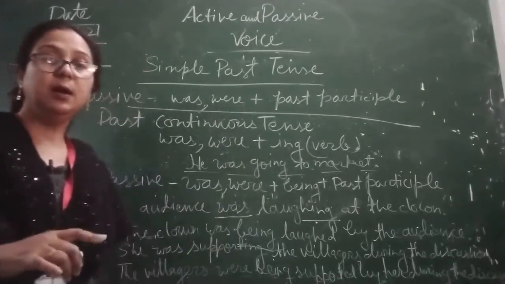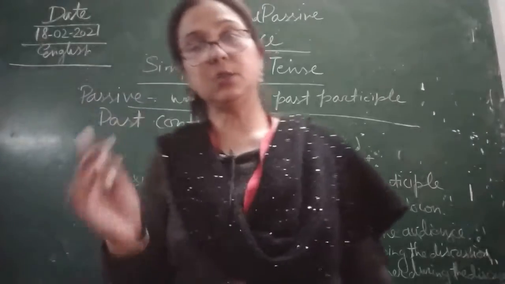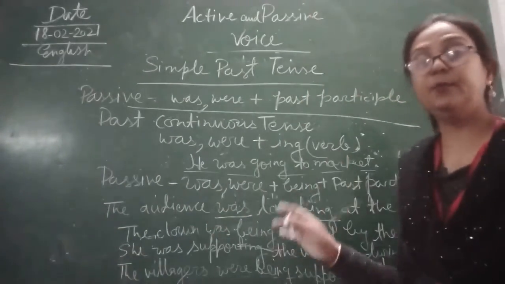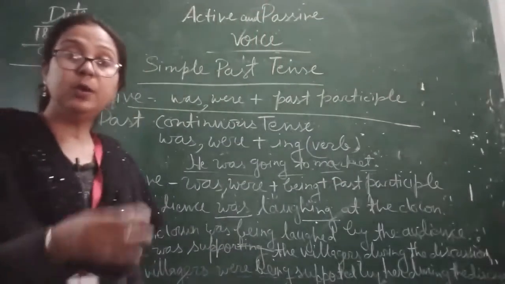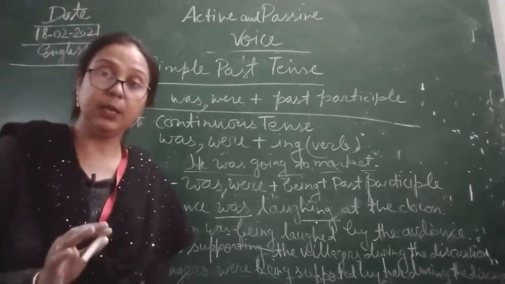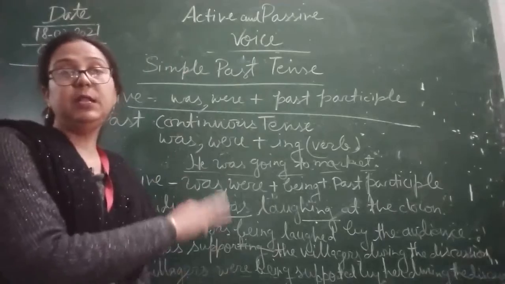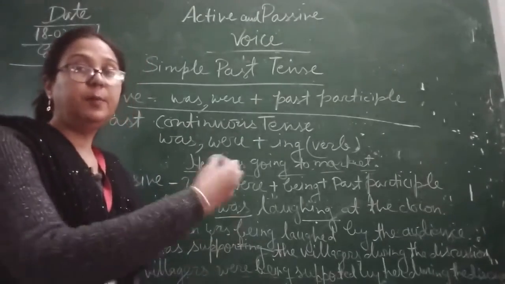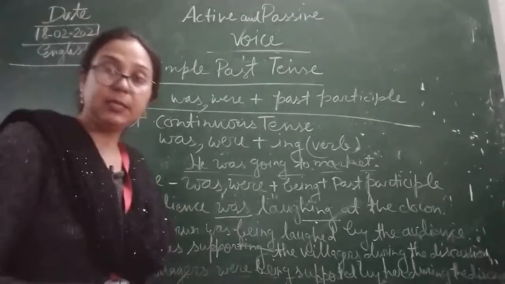So be very cautious about this, because if you understand what is past tense and what is present tense, it is quite simple for you. If you are not able to differentiate between the past and present tense, the problem will be there. So children, before solving these exercises, you should go through the rule of the past and the present tense, then you will be able to solve this exercise.